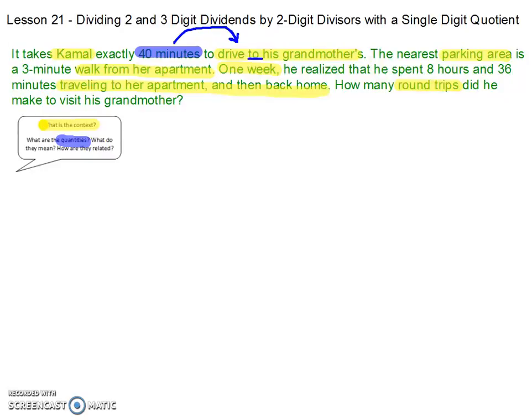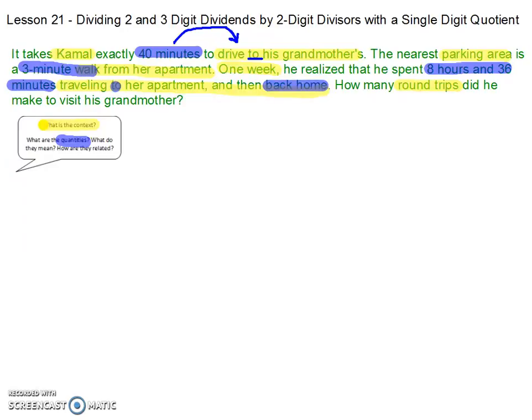Then the other quantity we have is a 3-minute walk, and that 3-minute walk is to the parking garage. Then we have the 8 hours and 36 minutes that he spent in a whole week going to and back home from her apartment.